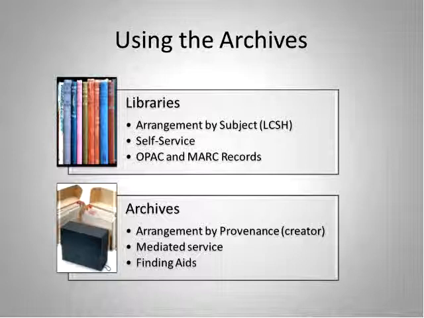And then, as you see here, we looked at how libraries and archives differ from each other, at least just a little bit. Okay, thank you as usual for your attention.